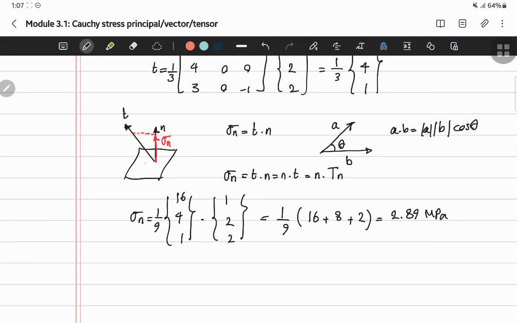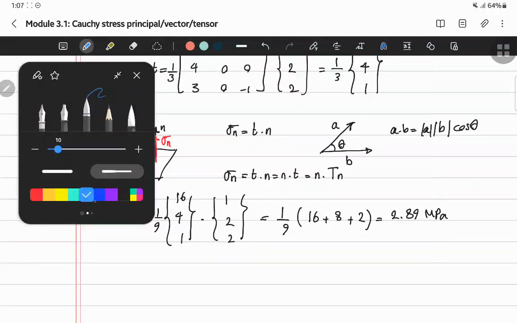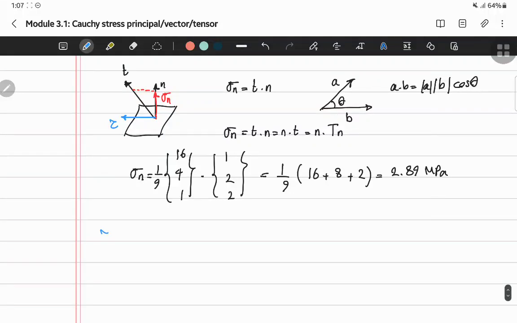So if you, for example, want to find tau, the shearing stress, you can simply write tau is equal to t minus sigma n. And since sigma n here is a scalar value, you need to put n in here.